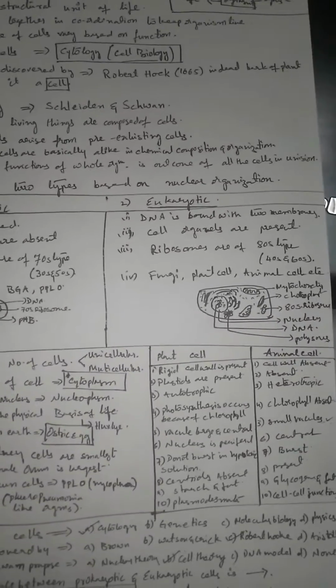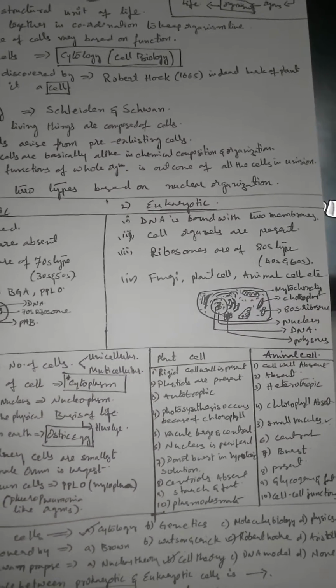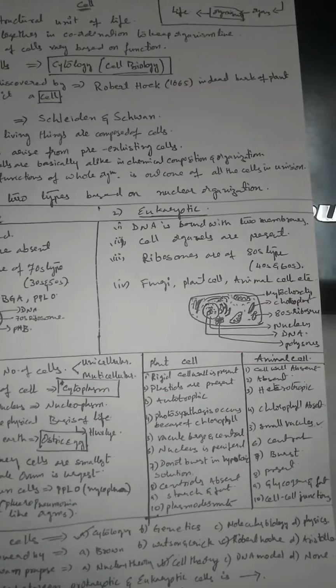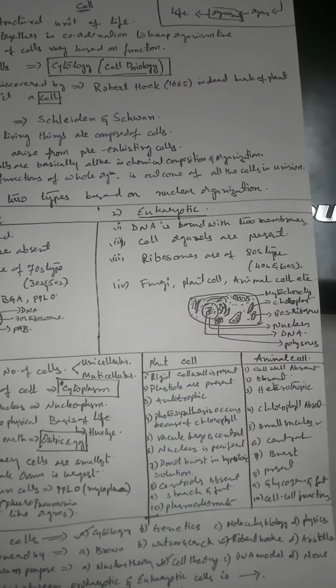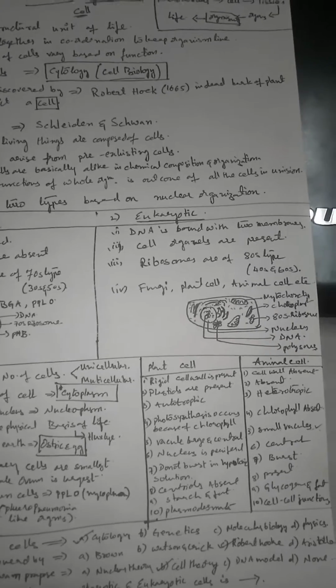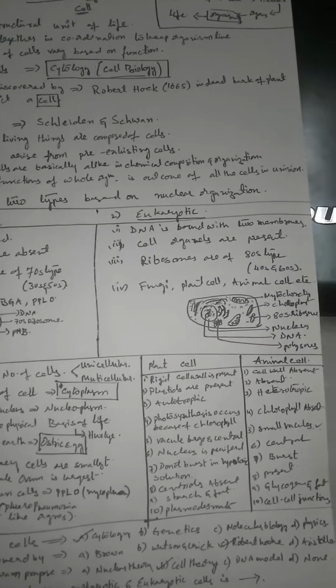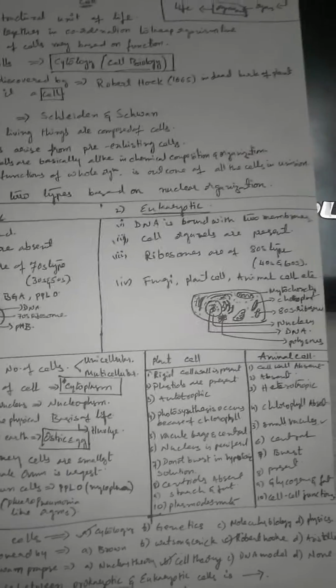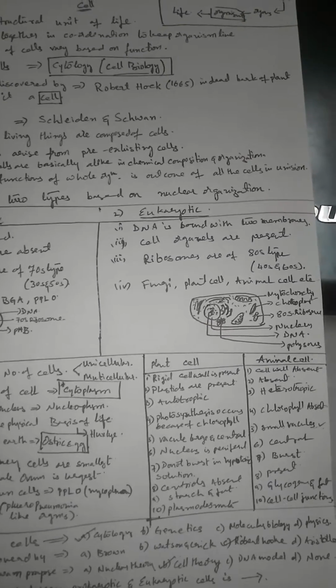Next, a large central vacuole is present in plant cells, and very small vacuoles are present in animal cells. The nucleus is present sideways, that means peripheral, because of the presence of the large central vacuole, and the nucleus is present in the center in animal cells.